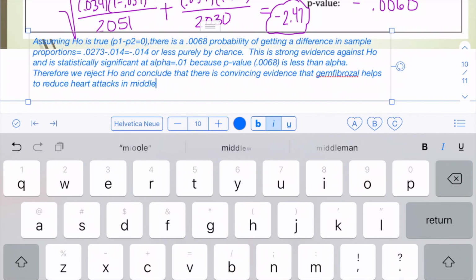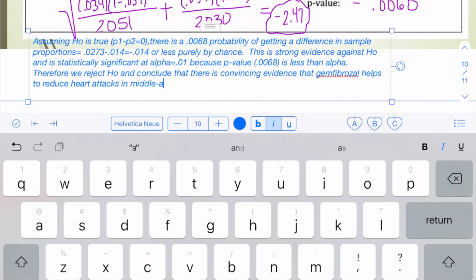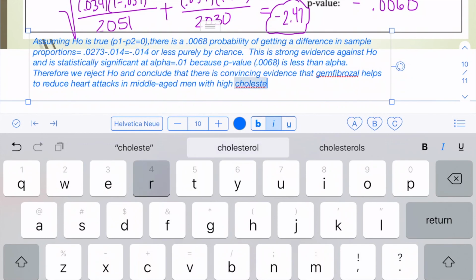So make sure you include what types of subjects, if there's a specific type of subject that was in the test, because we wouldn't be able to say that these findings necessarily worked for subjects that were different from the test subjects. All right, and that's it. That's our beautiful conclusion.